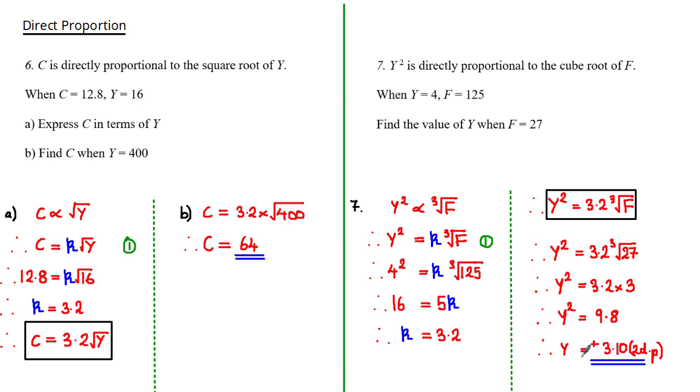And we're also saying for a negative value of y equal to negative 3.10 rounded to 2 decimal places, we also get the same value of 27. Now, whilst this is mathematically true, it goes against the definition of direct proportionality to have two values, positive and negative, both giving you a positive value, okay?